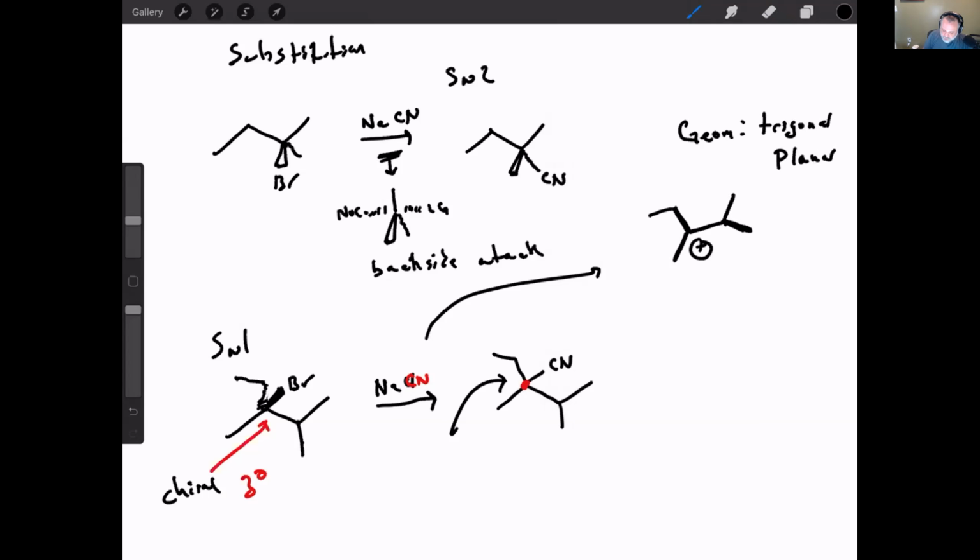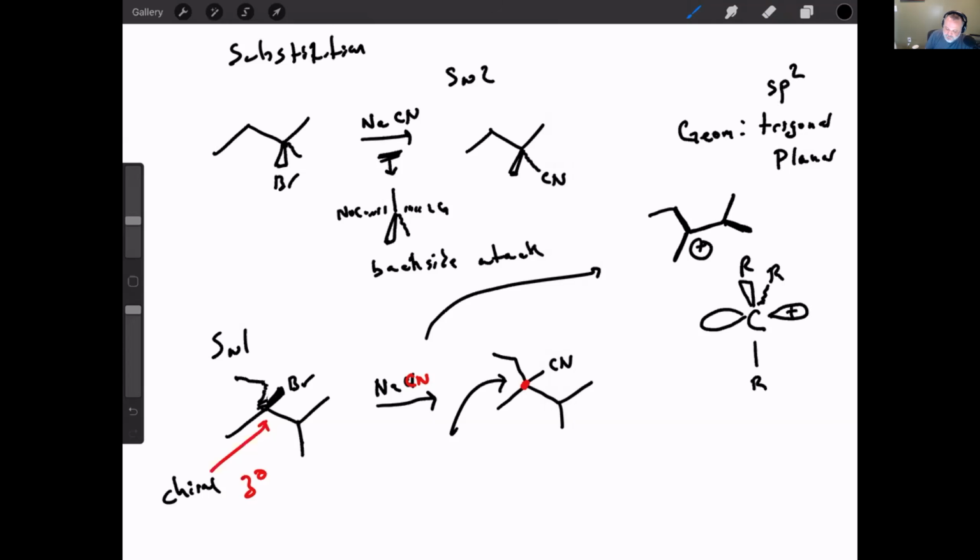If I were to draw a trigonal planar cation, I'm just going to use R groups here. What's going on at that carbon? Remember, if it's trigonal planar and the hybridization is sp2, then there is an unhybridized p orbital.